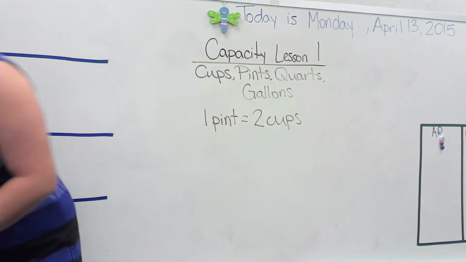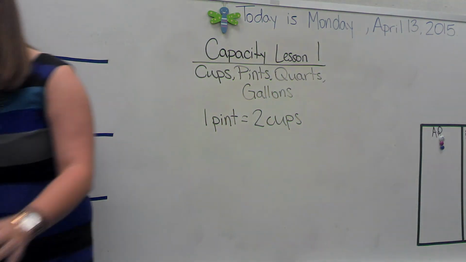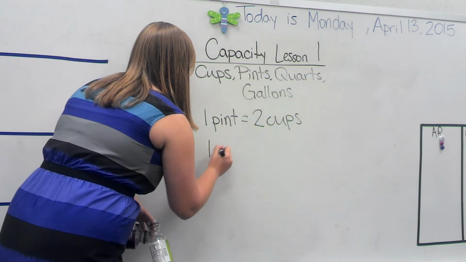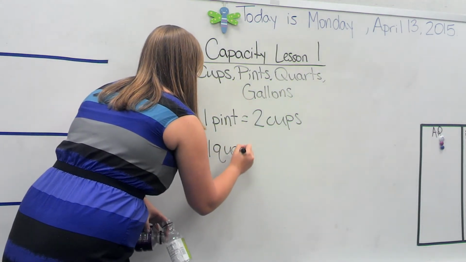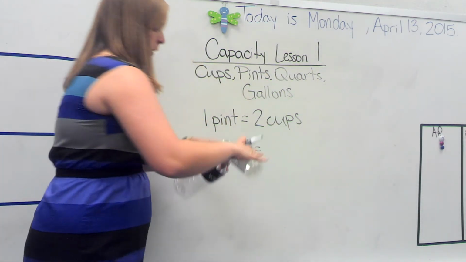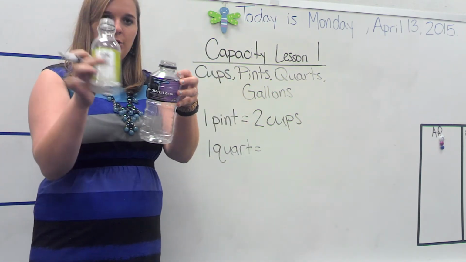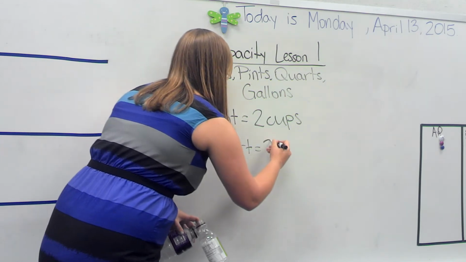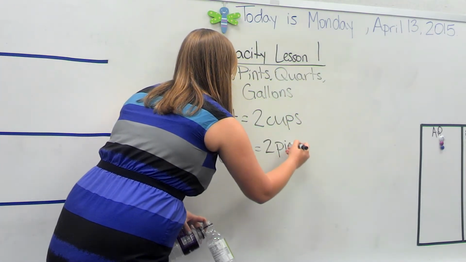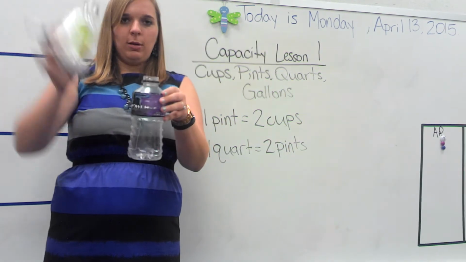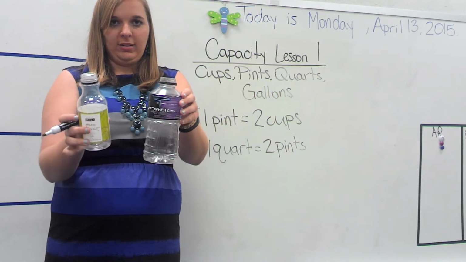Now let's go to the next one. Again, we're going to compare the quart to the pint, okay? So 1 quart, 1 of these Powerade bottles is equal to 2 of these pints. 2 pints. So I could pour 2 of these into my Powerade bottle and fit its capacity.